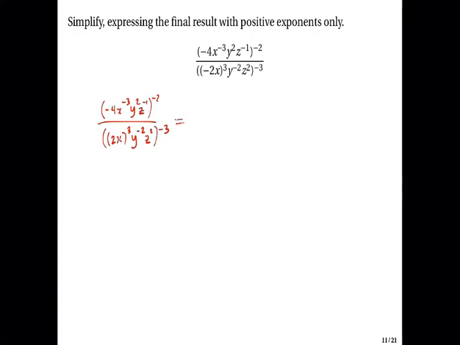So negative exponent at the very outside, negative exponent at the very outside, so bringing them up or down respectively. In the numerator now, you will have quantity 2x raised to 3, y raised to negative 2, z raised to 2, and then close quantity raised to positive 3. While in the denominator, we'll get negative 4 x raised to negative 3 y squared z raised to negative 1, and then close quantity raised to positive 2.